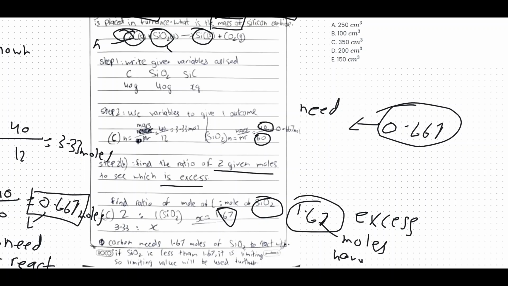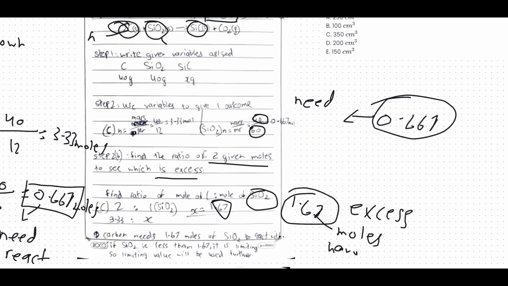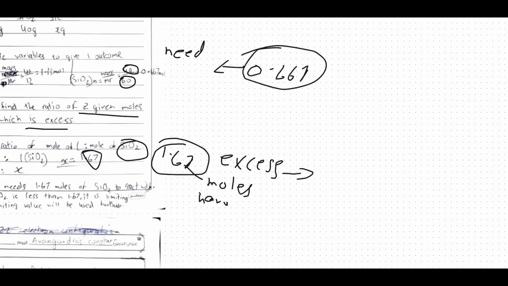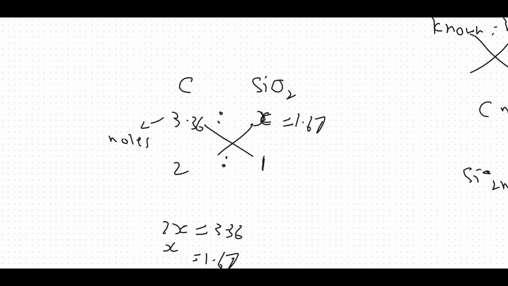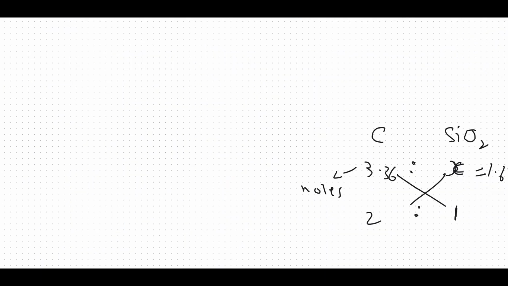So when I have something in excess, that value would not be used for ratios. I can also do it in another way. Let's say I want to find the number of moles of carbon that reacted.